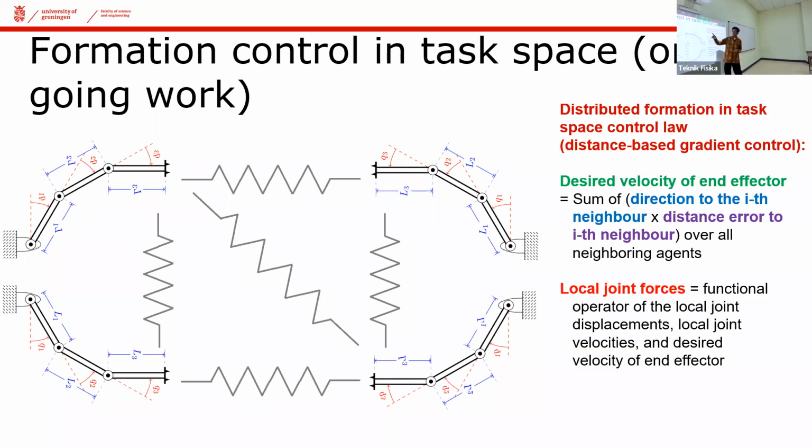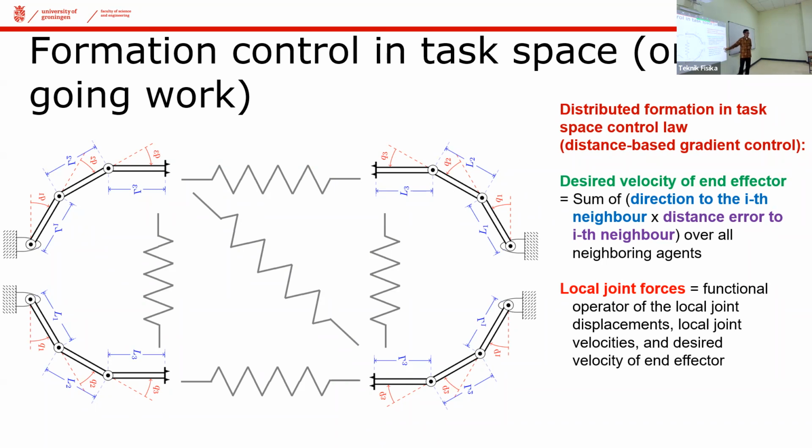The difficult part of the end effector is that we have to realize the formations by controlling the joints. How can we map the control that should be implemented at the end effector to the joint space? So the solution that we have come up with is to compute the actual velocity at the end effector, and then the joint forces.